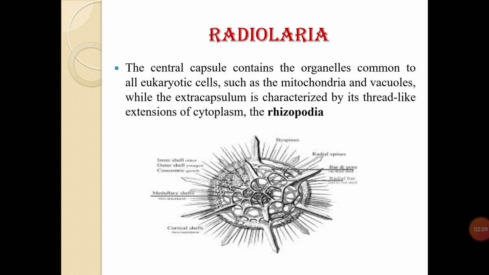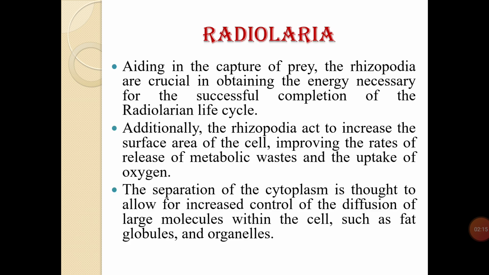They can also be called the exopodia. Aiding in the capture of prey, the rhizopodia are crucial in obtaining the energy necessary for the successful completion of the radiolarian life cycle. The rhizopodia are a very important part of radiolaria. They have multiple functions.